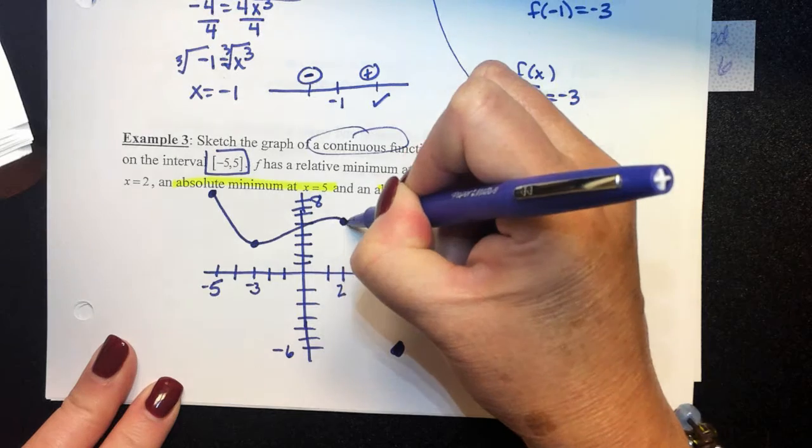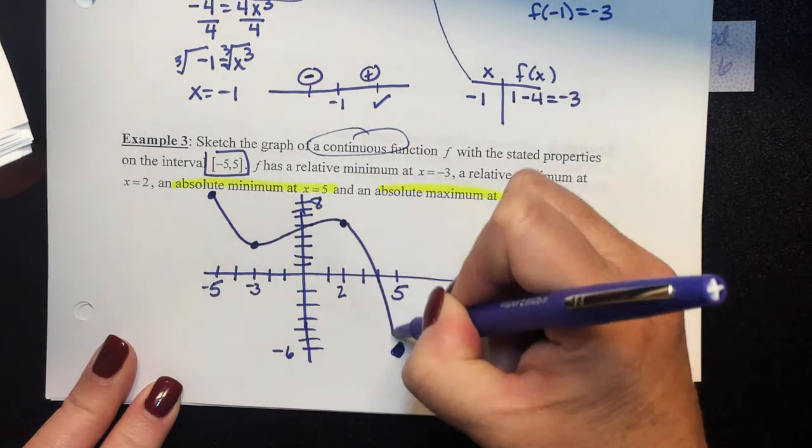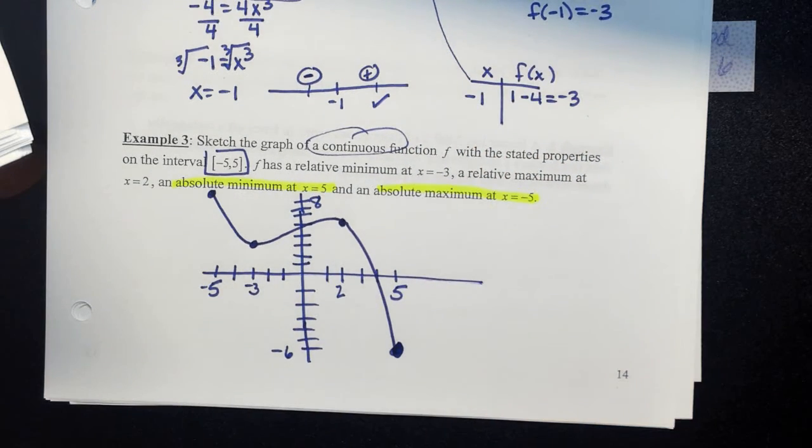To be a maximum, I'm going to take a turn at 2 and go back down. Again, you may need to readjust your points if you need to, but just make sure your conditions work. I have an absolute minimum at 5, an absolute maximum at -5, a relative minimum at -3 and a relative maximum at 2.